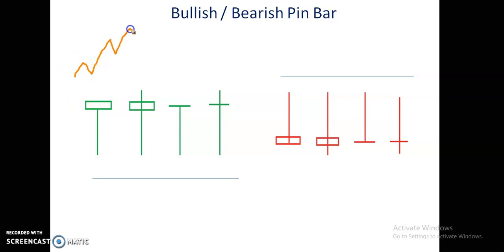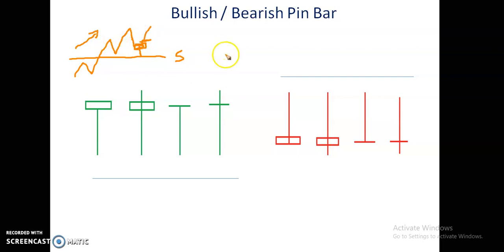After that price gives a retracement, and finally they form a bullish pin bar. Once it appears, there should be some supporting line. Here I can see this is the supporting line, they are forming exactly above this supporting line and the trend is up. So once it appears, we place a buy order.